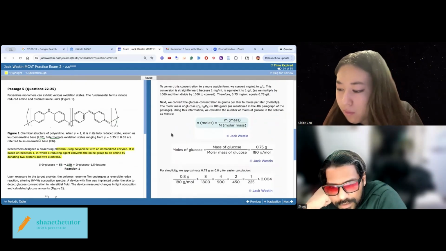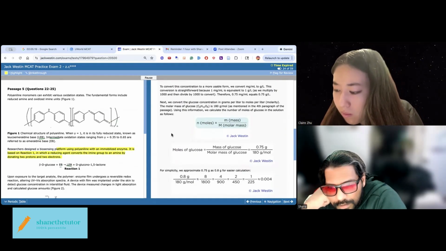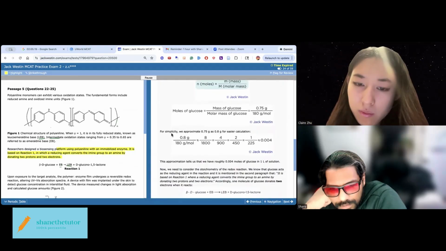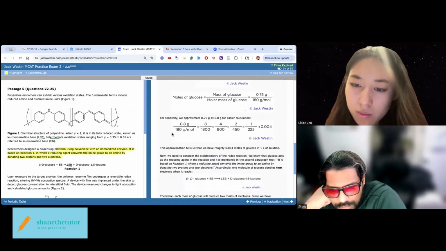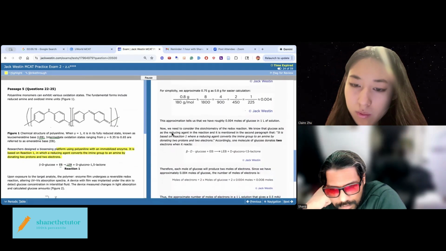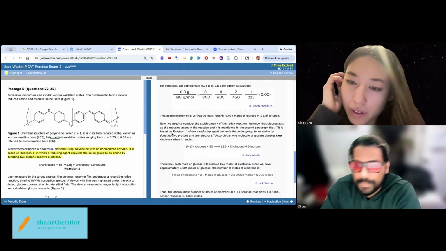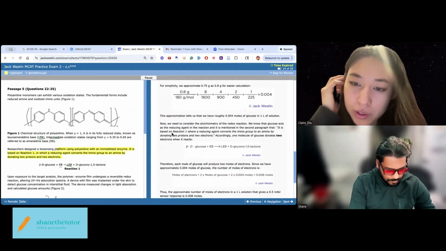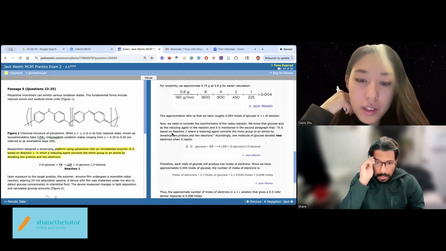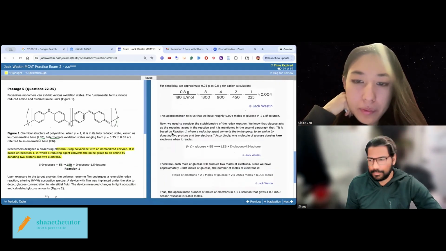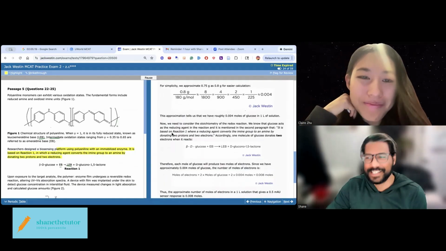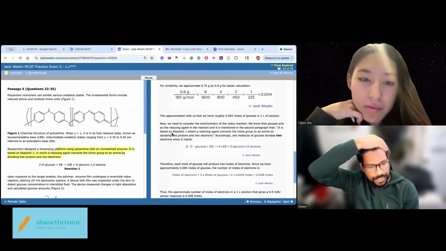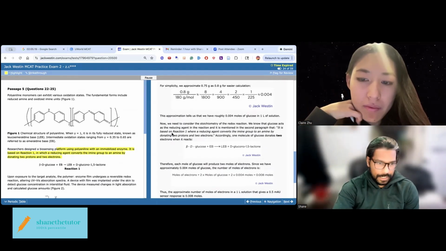Okay, and then they did this. This, and the solution is following. Yeah, so I guess the idea was to find the moles of glucose first, and then each one produces two electrons. I'm gonna put on my regular glasses for this. Okay. All right. So this is the way that we should do this. Let's go up to the question.